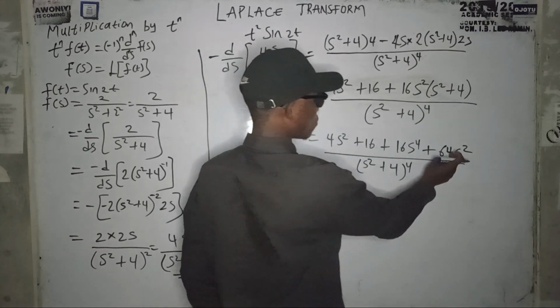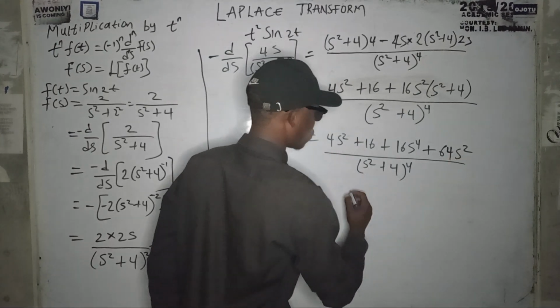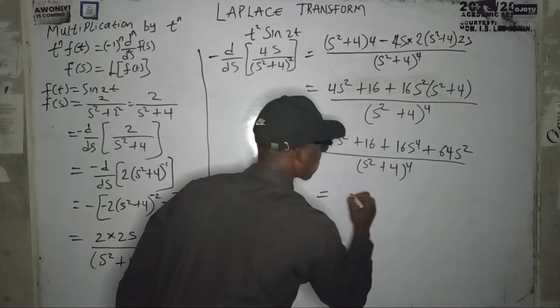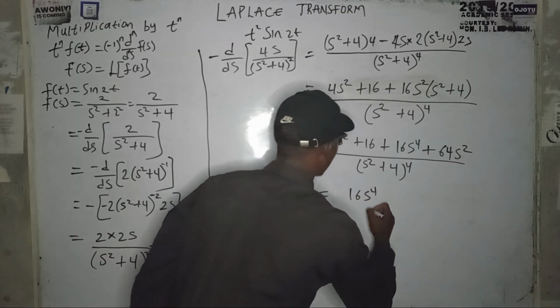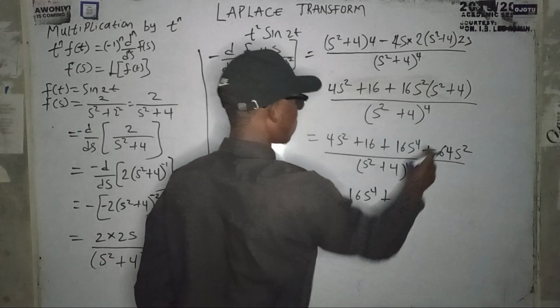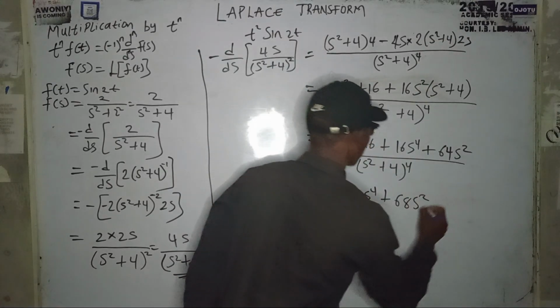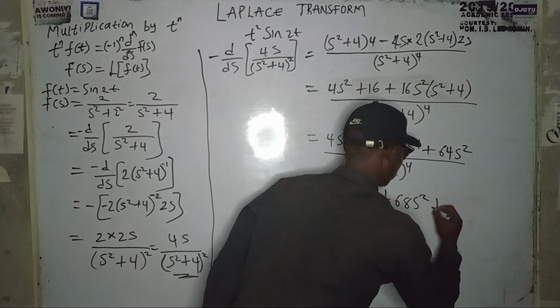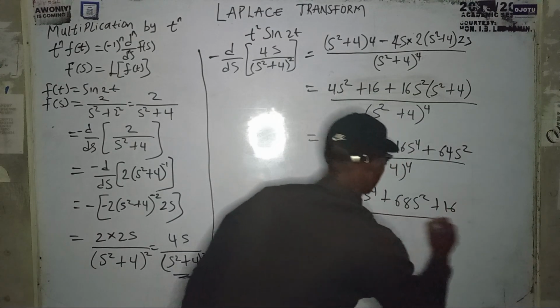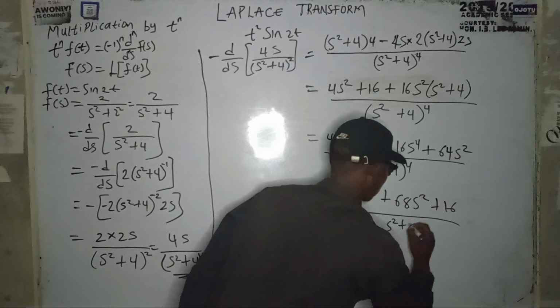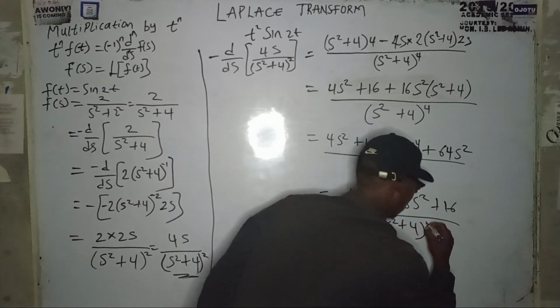Now we have s squared and s squared, that is equal to 16s raised to the power 4 plus 64 plus 4, that is 68s squared, and then plus 16, all over s squared plus 4 all raised to the power 4.